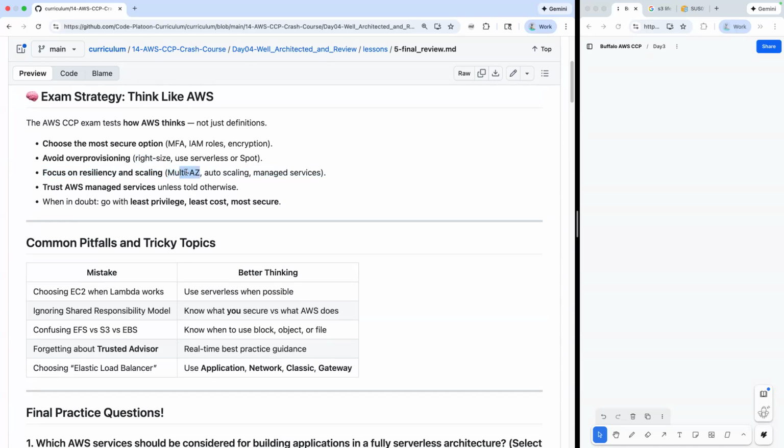When you hear about using fewer availability zones or less scaling, it's probably not the answer. Because the AWS exam is by Amazon, we're going to be trusting the services AWS provides. So trust AWS services unless told otherwise. When in doubt, least access and least privilege, least cost, most security is the way to go.